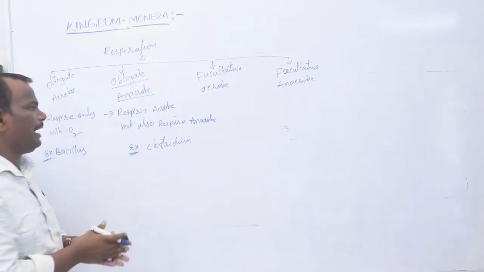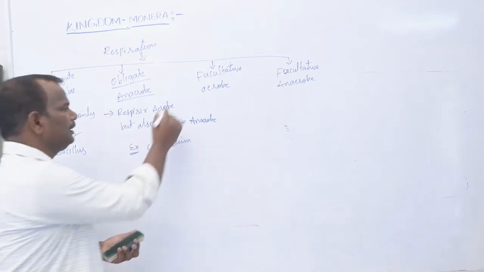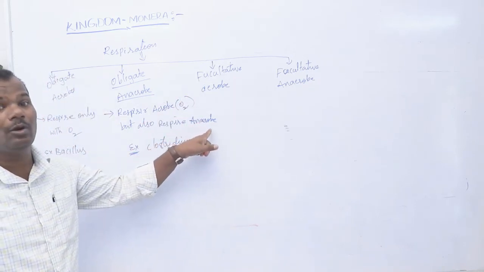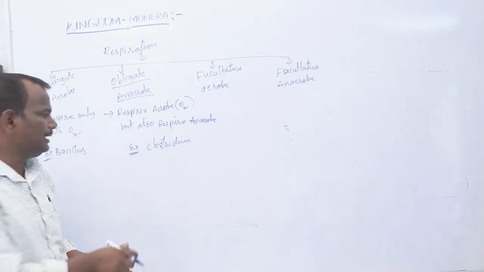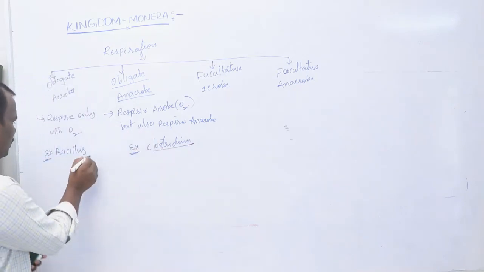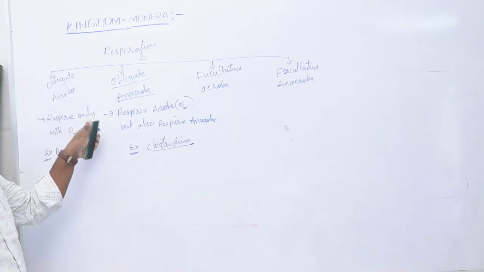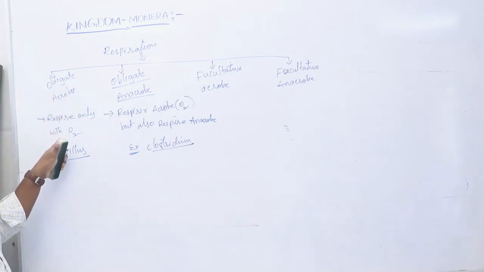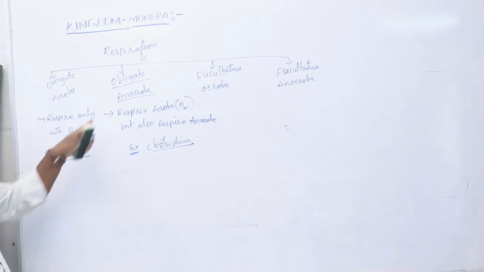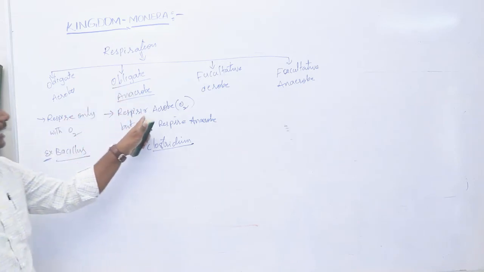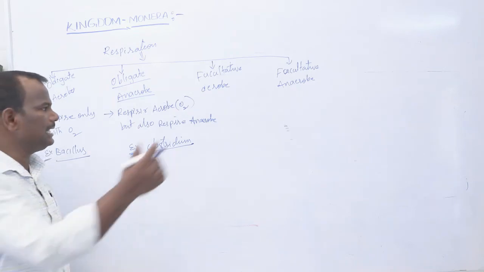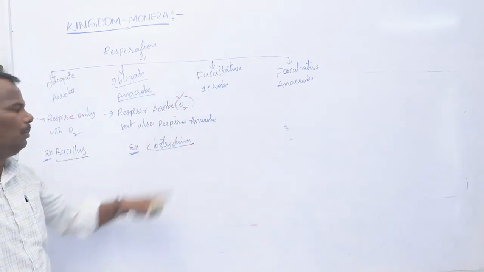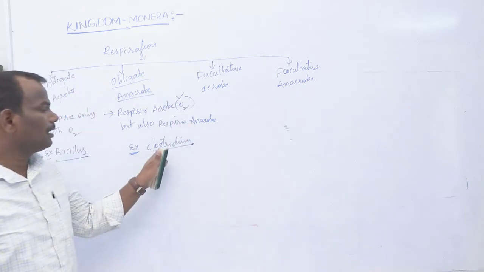Normally it can respire aerobically because it can utilize oxygen, but it also respires in anaerobic conditions. So a bacterium that depends only on oxygen is called an obligate aerobe, the best example being bacillus. The best example for the other is Clostridium.